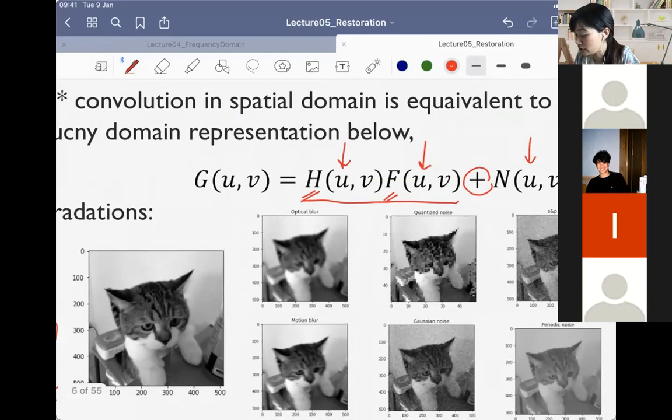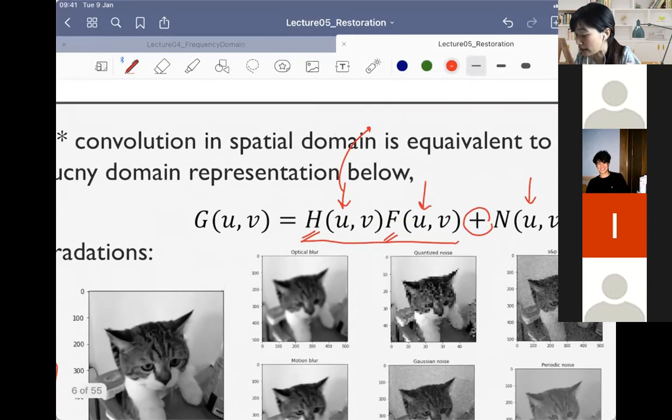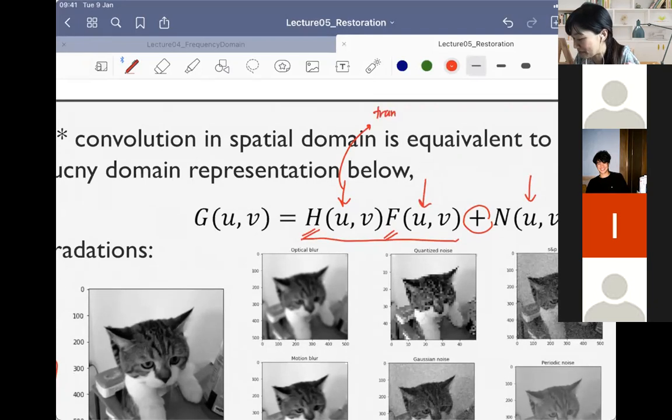Sorry, H is actually the degradation function, which is quite unknown. It's often unknown. It's in the frequency domain. How do you know it's in the frequency domain? Because it's capital H, right? The capital H with U and V.